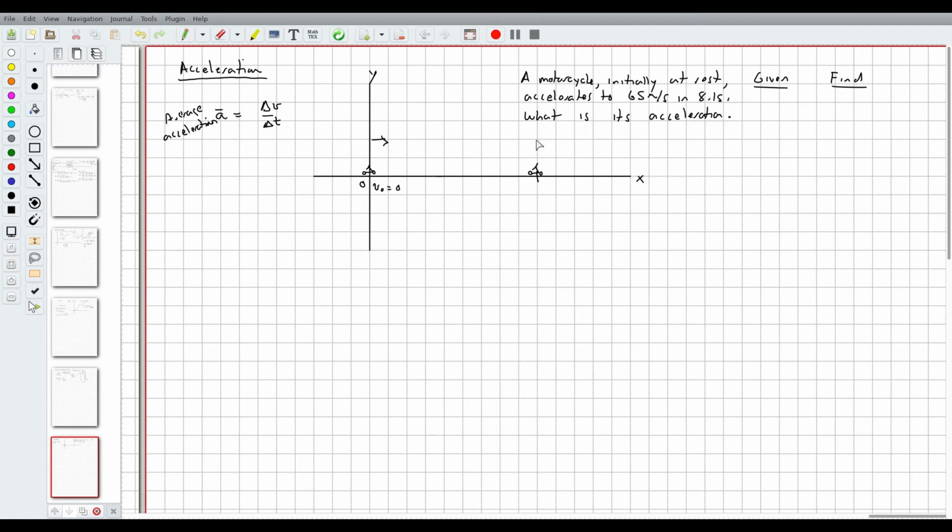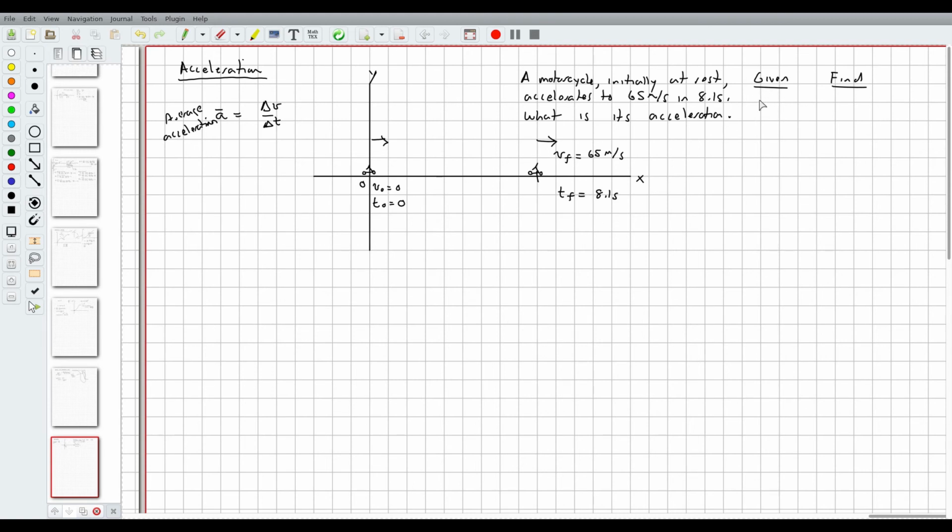It is moving this way with a final velocity of 65 meters per second. Now my watch, because I'm going to use a stopwatch, read 0 when I started off. But when I get to this position in space, it's going to read 8.1 seconds.